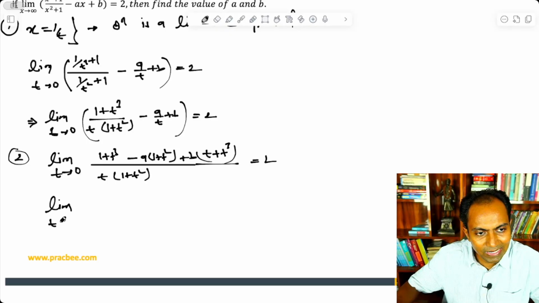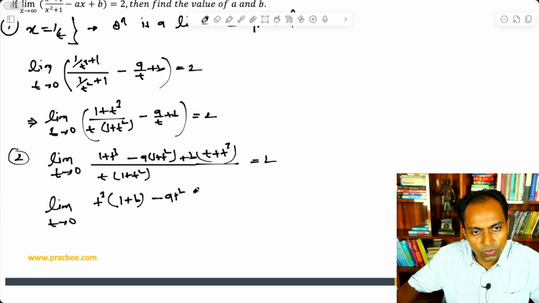So limit t tends to 0. The t cube coefficient, let us write it down, will now become 1 plus b. Then the t square coefficient will become minus a t square. The next term is the t term, that will become b times t, and the constant term will become 1 minus a.